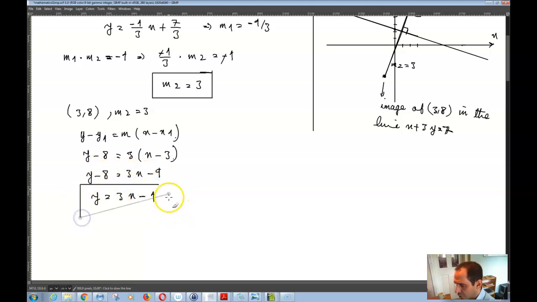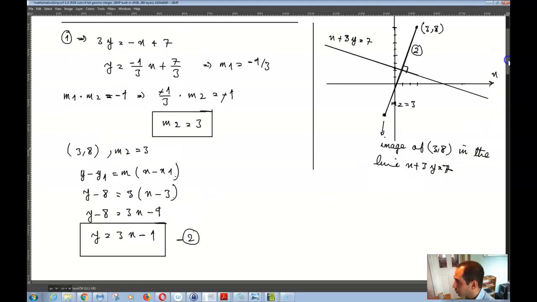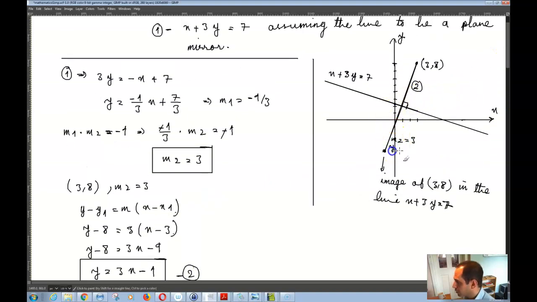That is the equation of the other line: y is equal to 3x minus 1. Over here, y is equal to 3x minus 1. And as you can see, it goes through the y-axis somewhere very close to negative 1.